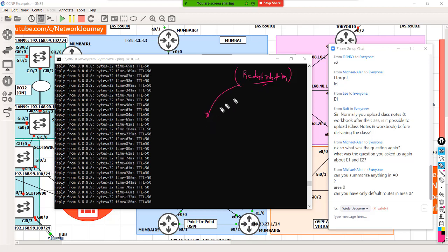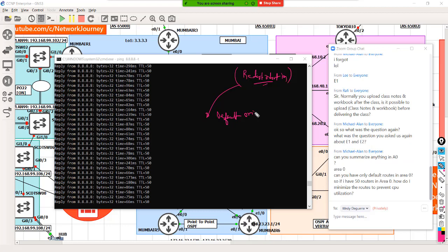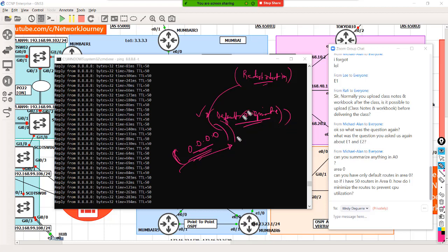But there is another way to do that, called default originate. With default originate, I can point all the default network facing one of the gateways. That is a different context.